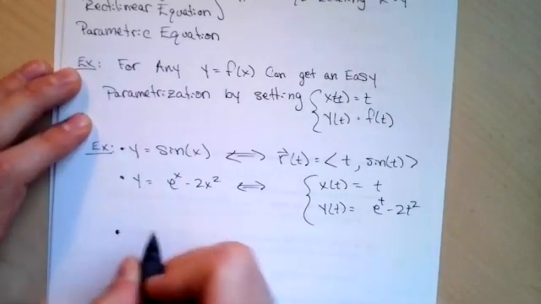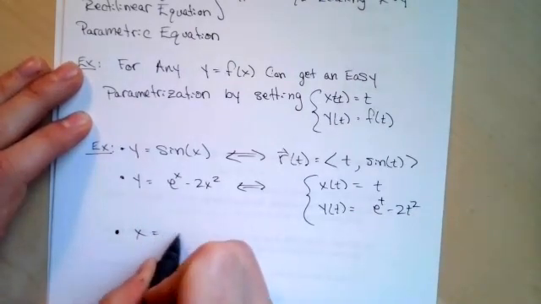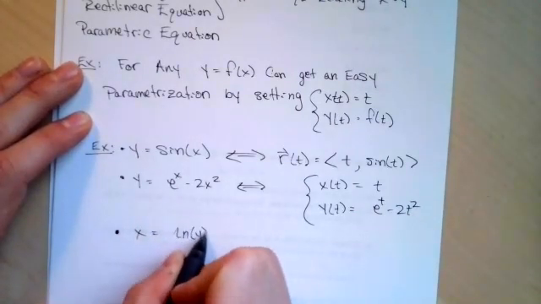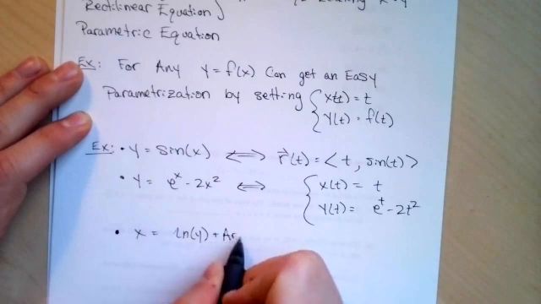And likewise, of course, I didn't explicitly write it, but if we have x as a function of y, and what other function do we want to throw in there? Natural log plus arcsine.